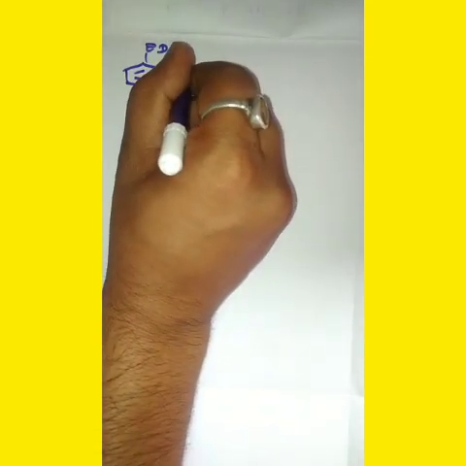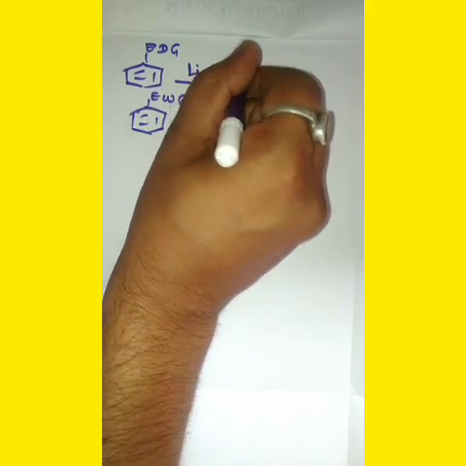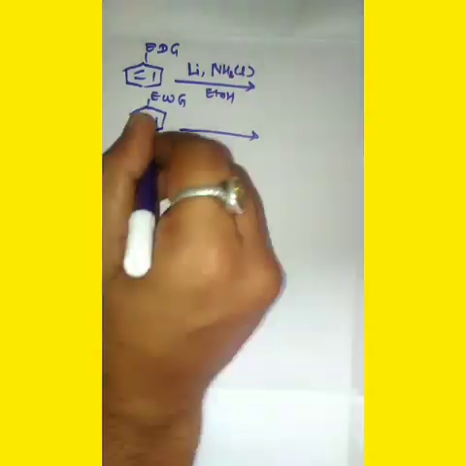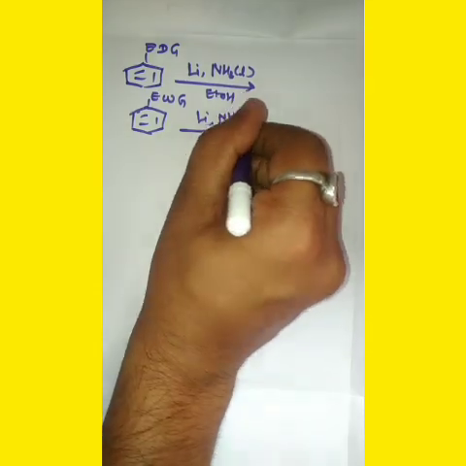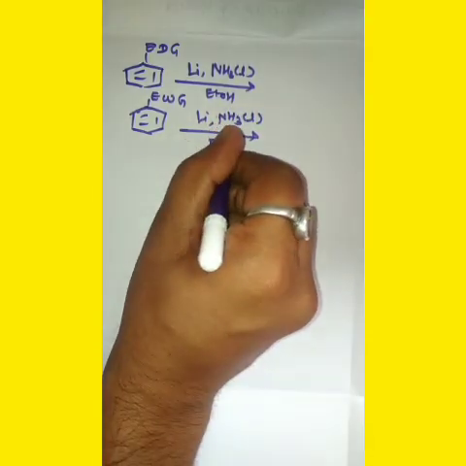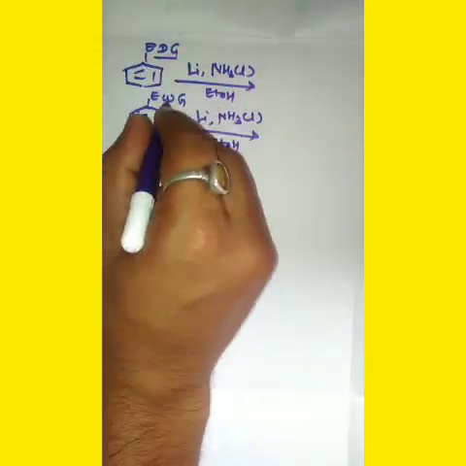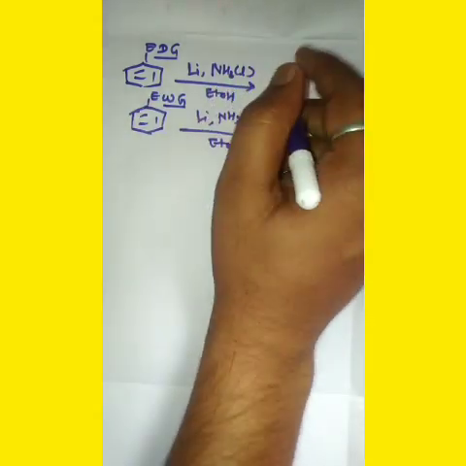On Birch reduction, that is, lithium in liquid ammonia in ethanol solvent, for both. So depending on the groups, electron donating or withdrawing, the Birch reduction varies like this.